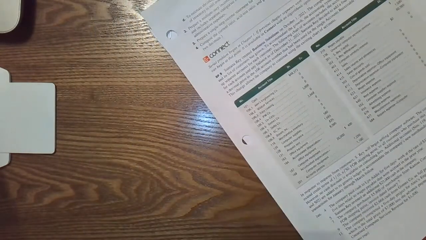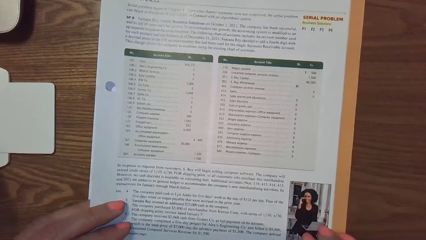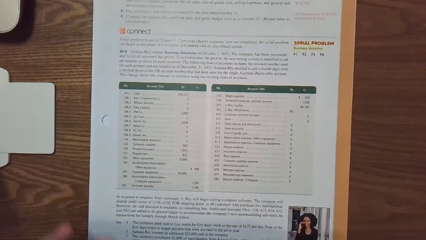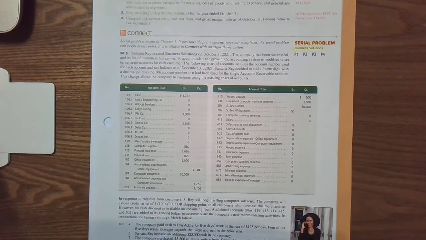Alright, for the serial problem, this again is Business Solutions. Remember that this started up on October 1st, and it's been very successful, and its list of customers has grown. So you can see here they've got a lot of customers. To accommodate the growth, the accounting system is modified to set up separate accounts for each customer.